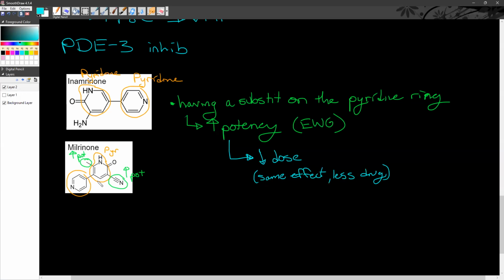What this means too is that we can make a smaller pill, right? And that's the benefit of creating a drug that has higher potency. For someone who has swallowing issues, maybe the pill for milrinone is much, much smaller than inamrinone. In this case, they're IV only, so it doesn't end up changing anything. I guess it's a smaller IV pill, exactly.